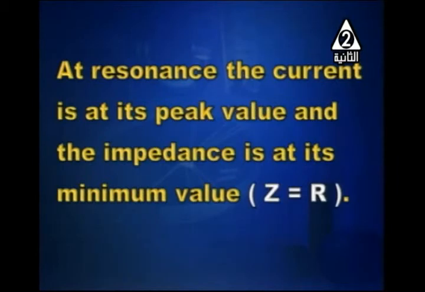At resonance, the current is at its peak value, its maximum value, and the impedance is at its minimum value. Impedance is then equal to just the ohmic resistance.